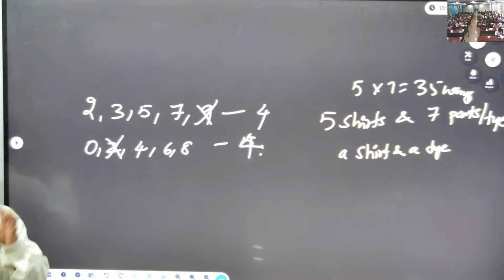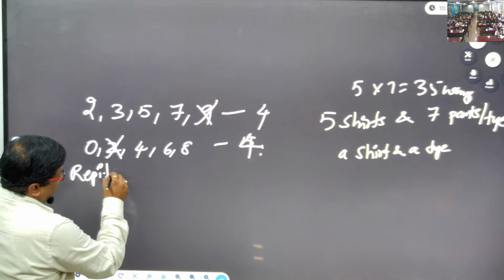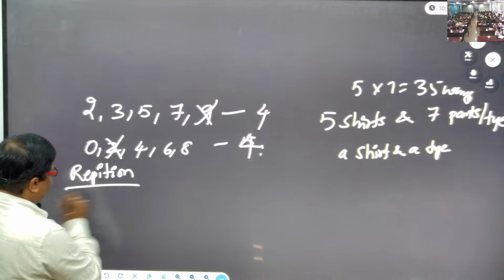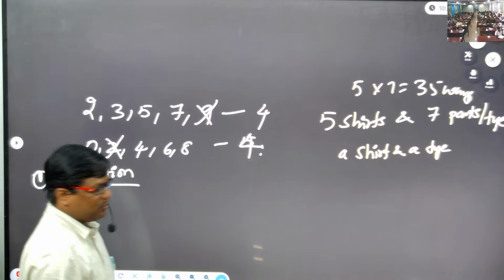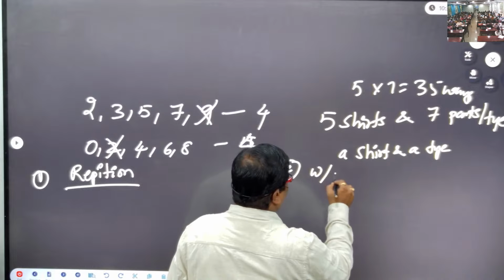Right, so first do it with repetition allowed. Second, go for repetition not allowed. That is, the first answer you have to give with repetition, and the second answer for the same question without repetition.